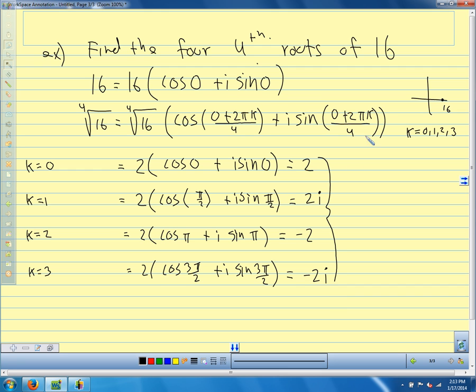Notice that my complex roots are complex conjugates. So we said when we had a polynomial, the complex roots showed up in conjugate pairs. Our geometric interpretation of this, what this tells us in the complex plane: if I plot these in the complex plane, here's 2, here's 2i, negative 2, negative 2i.